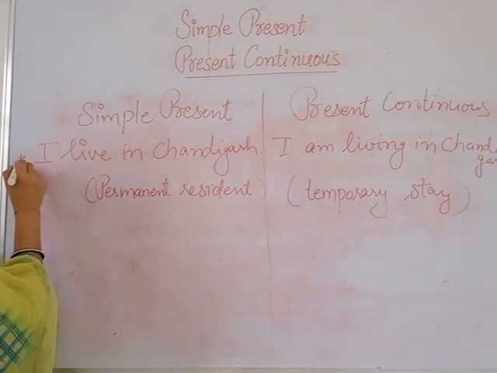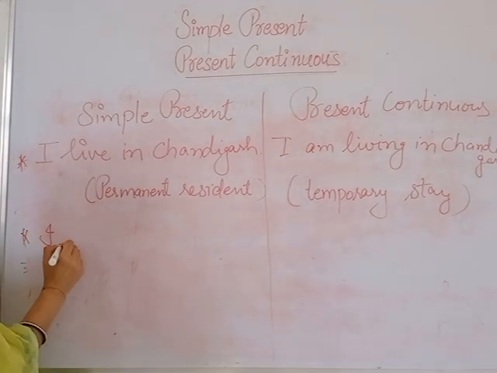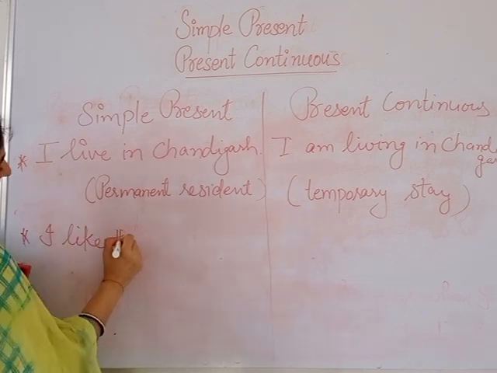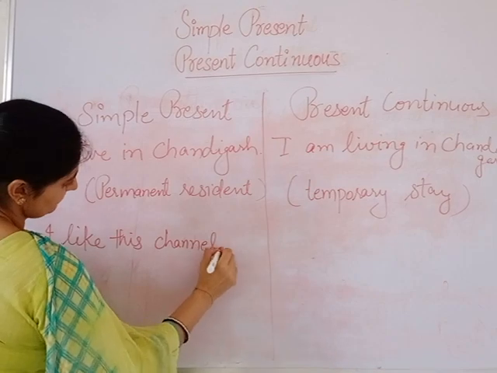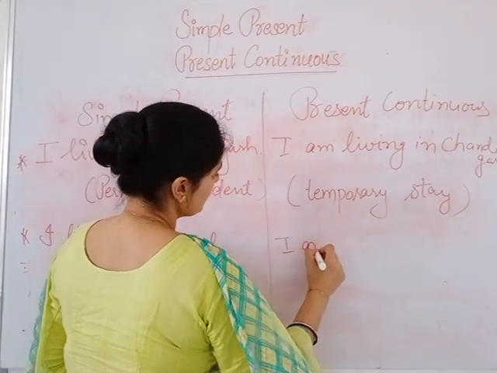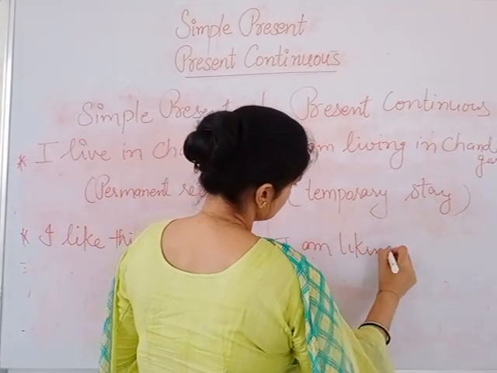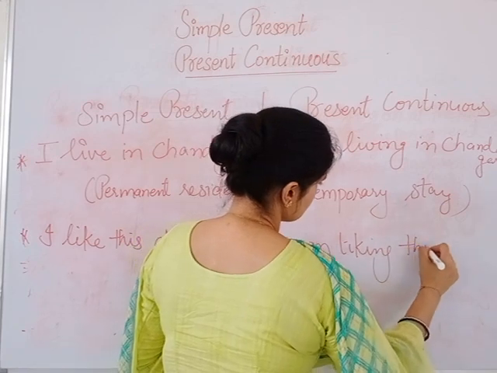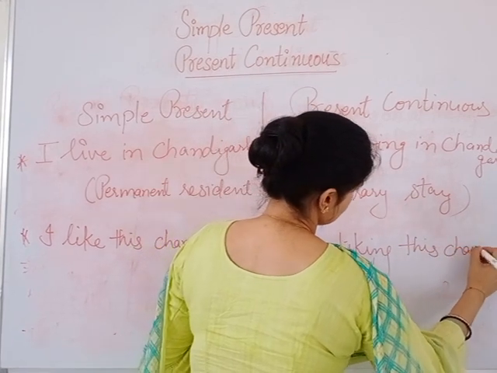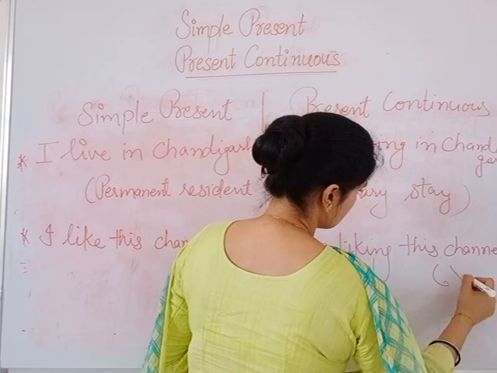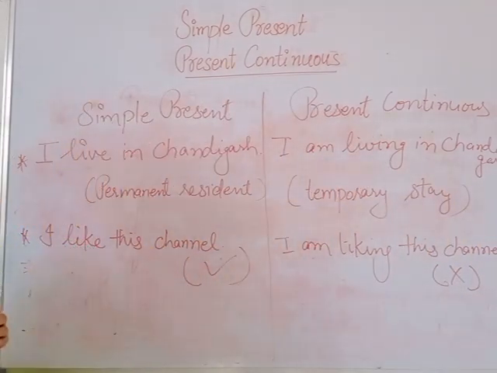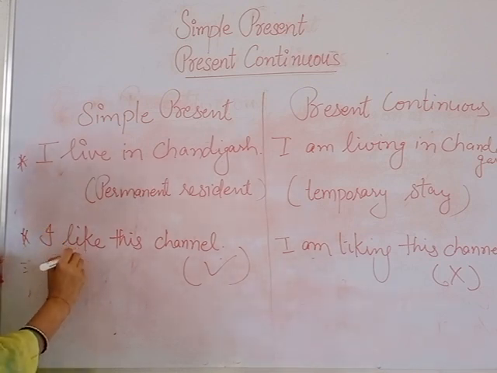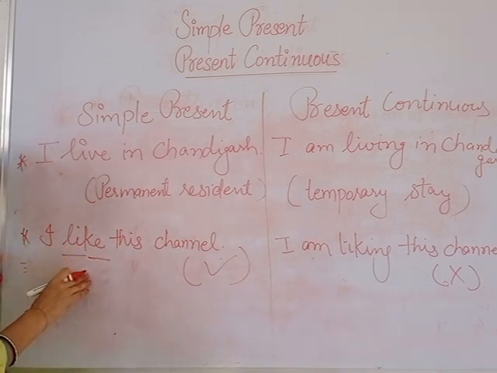Another, I like this channel. Okay, I am liking this channel. So this sentence is wrong and this is right. Okay, so beta, whenever we have to use the stative verbs, they are not action verbs.